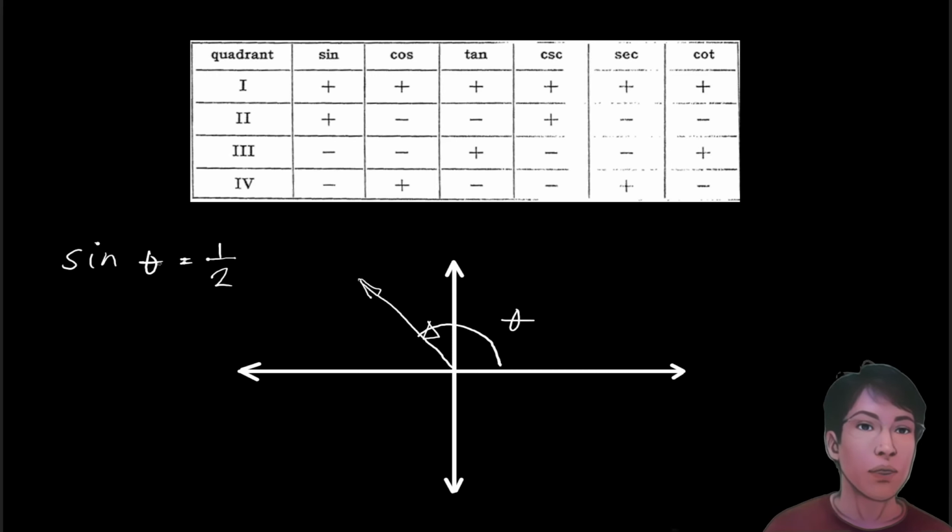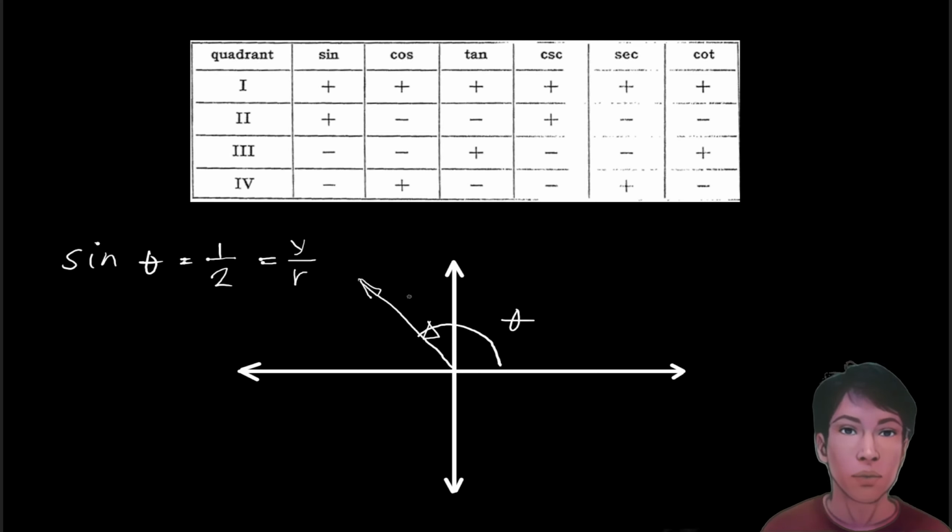How do we define sine theta? Sine theta is y over r. So r is 2, and y is 1.